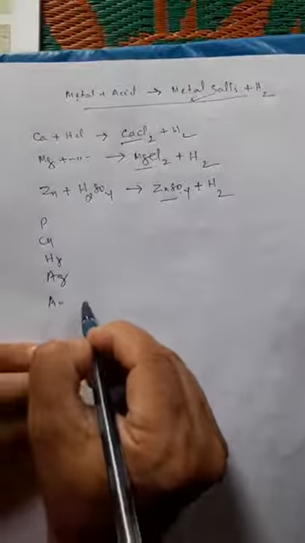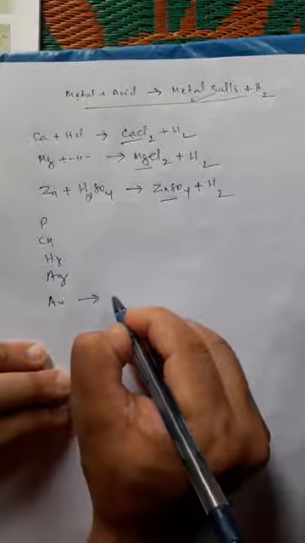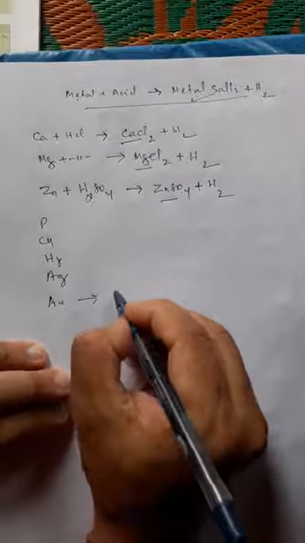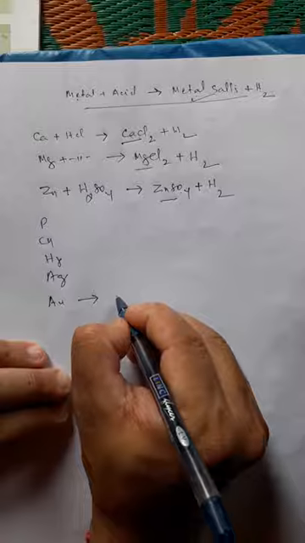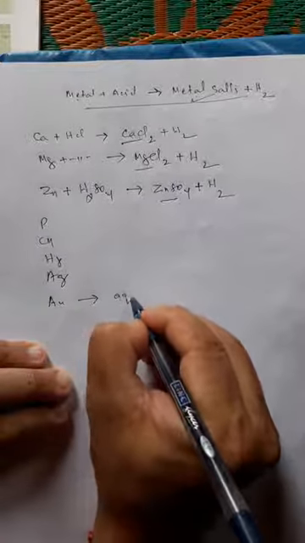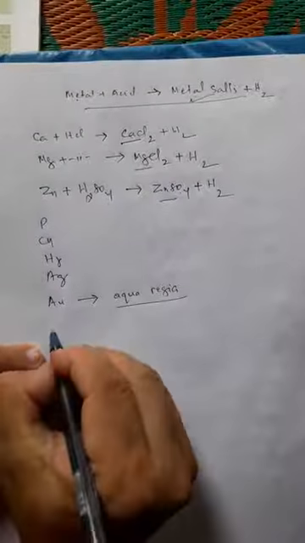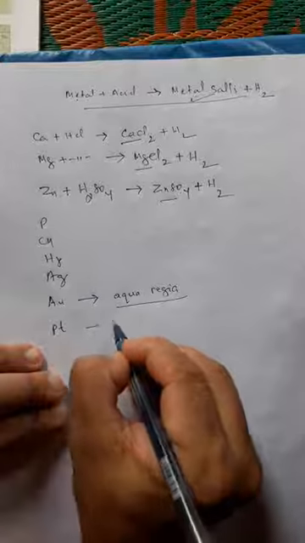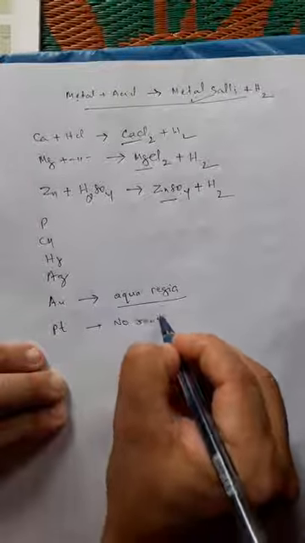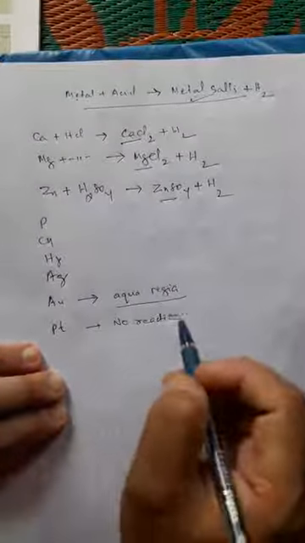Gold does not react. Gold will react only with a mixture of nitric acid and hydrochloric acid. We call it as aqua regia, and platinum also, there is no reaction with acids.